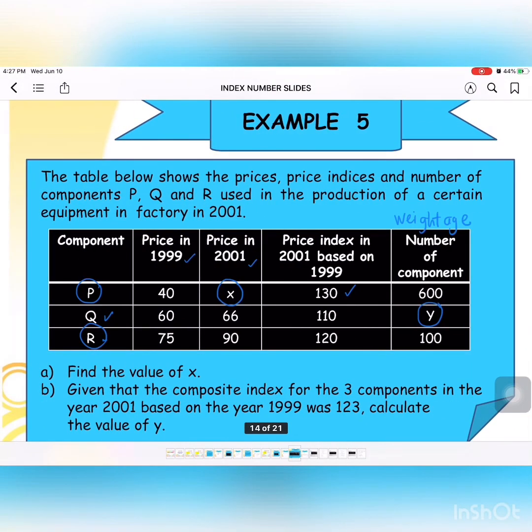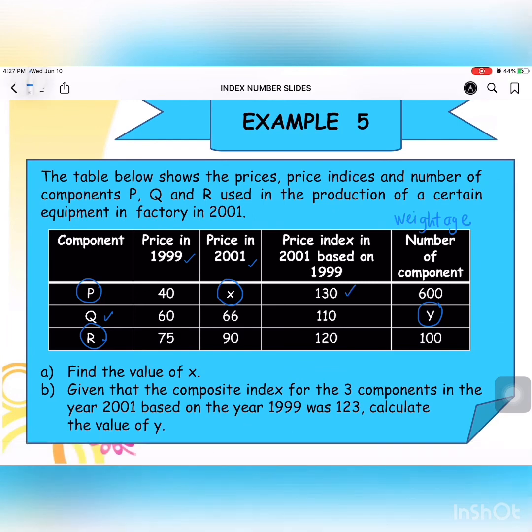So for Q, let's look at question B. Given that the composite index for the three components in the year 2001 based on the year 1999 was 123, calculate the value of Y. Do you remember the formula to find the composite index?